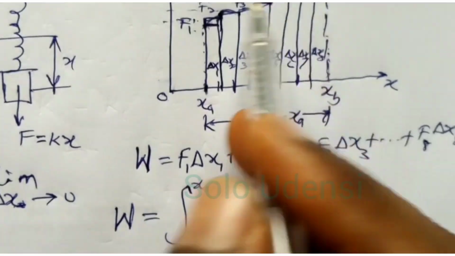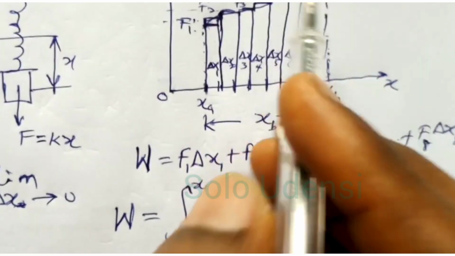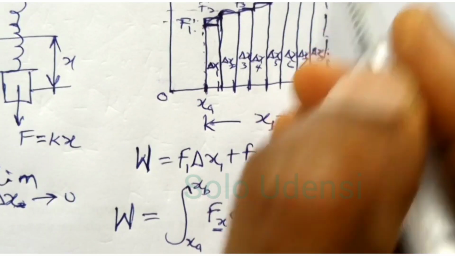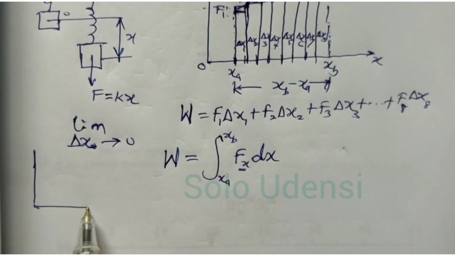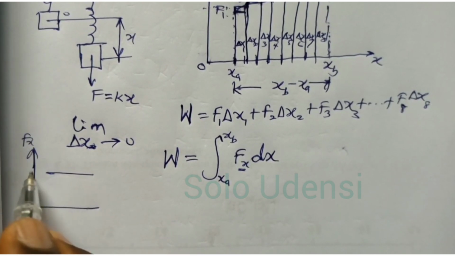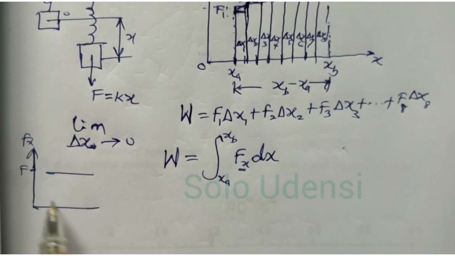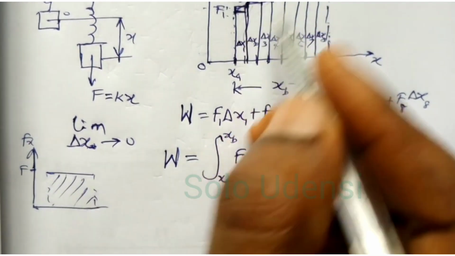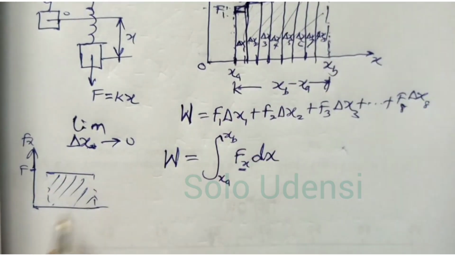If this force is non-variable, let's assume that it is constant, you will expect something like this: force Fx, F if you like. So the area under the graph will also be the work done, just like the area under this curve is the work done.